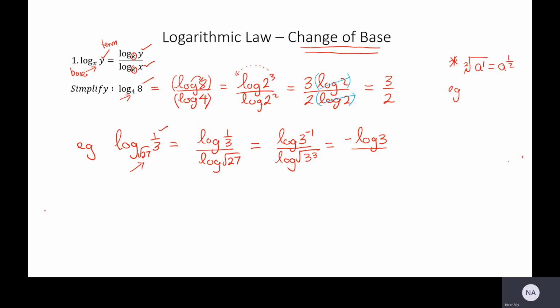And I write that as a fractional index. What about the 5th root of B cubed? Can you write that as a fractional index? What will that be? B to the power? That's right, 3/5.